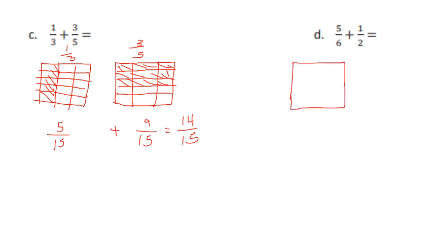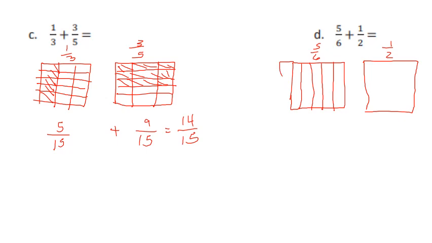On our next fraction, we have 5/6 and 1/2. So here we're doing 6. There's 1, 2, 3, 4, 5, and I'm going to add a block on the end here. 6. And we're going to shade in 5 out of 6 of them.